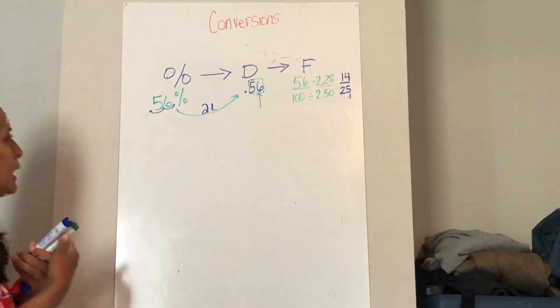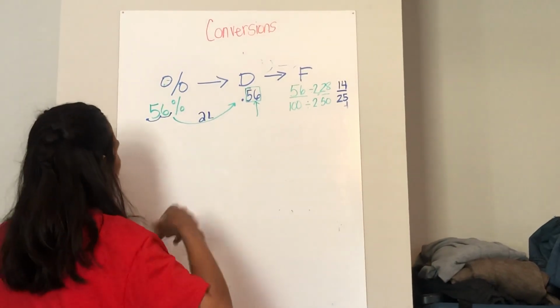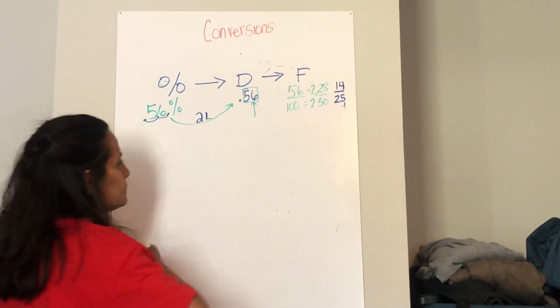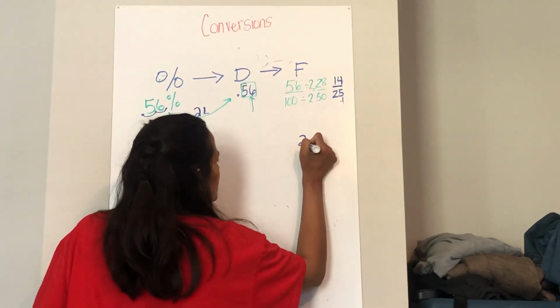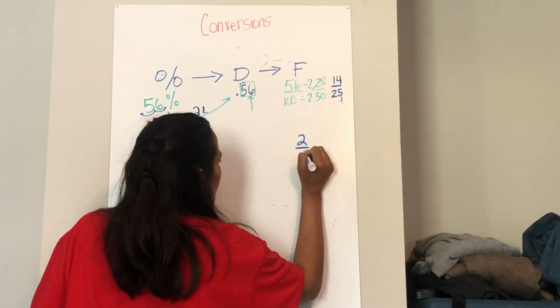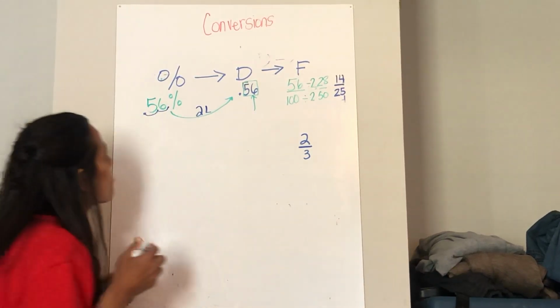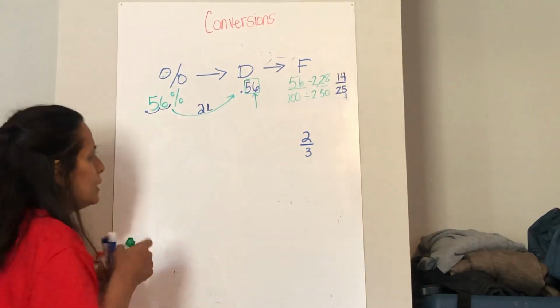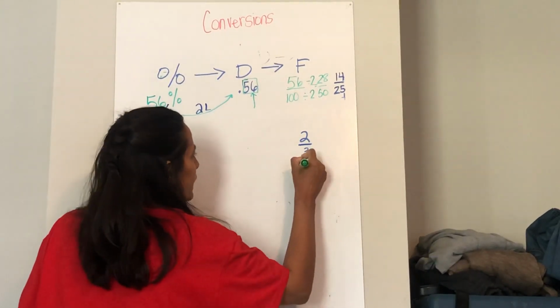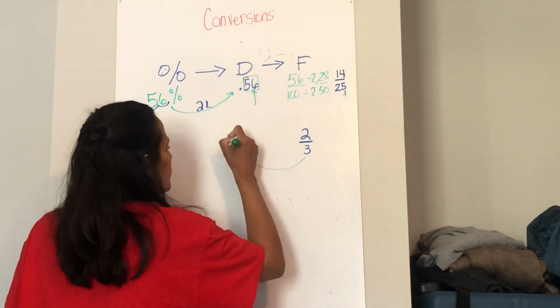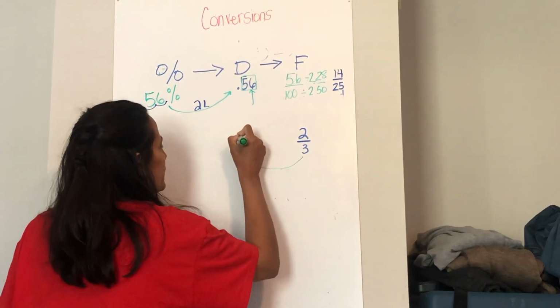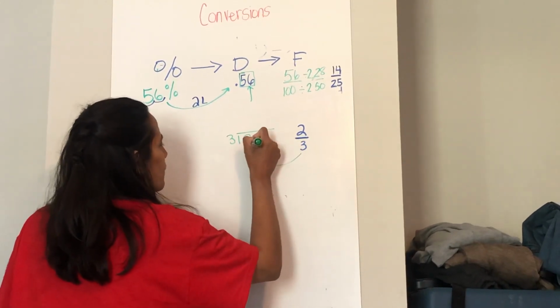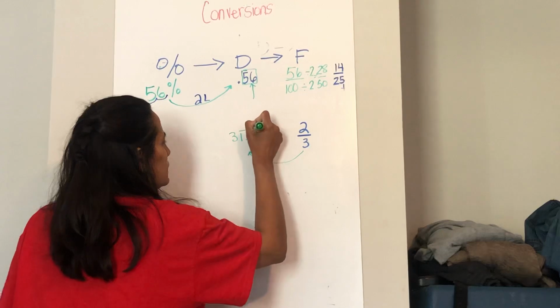Okay, again, if I give you a fraction of 2/3, and I want to make that a decimal, so I'm going this way. I am going to divide 3 into 2.00.